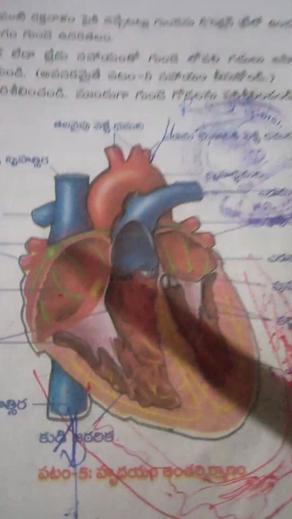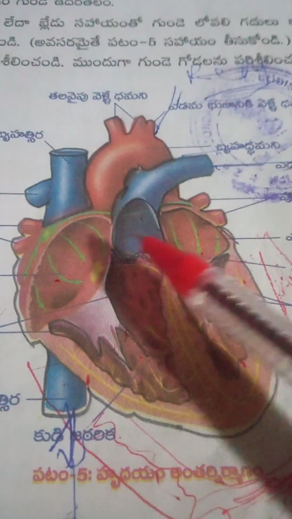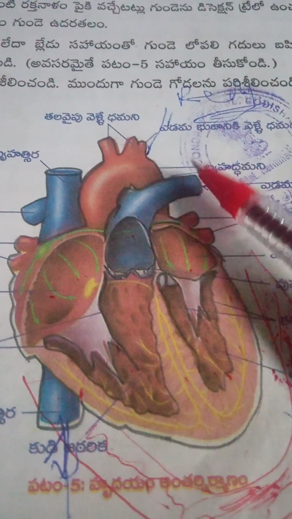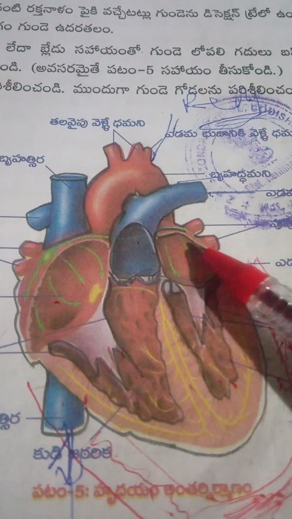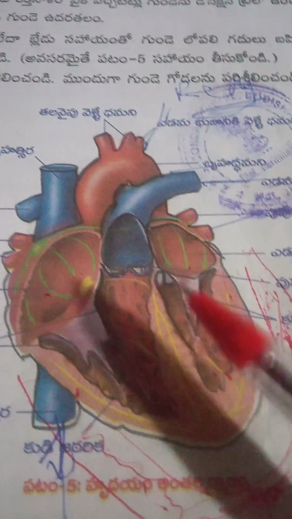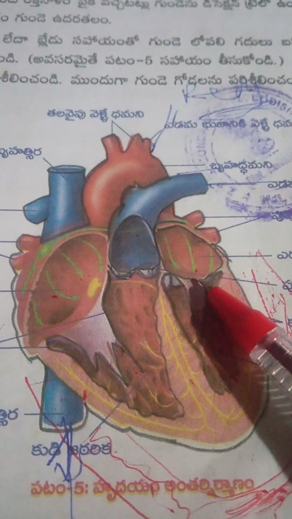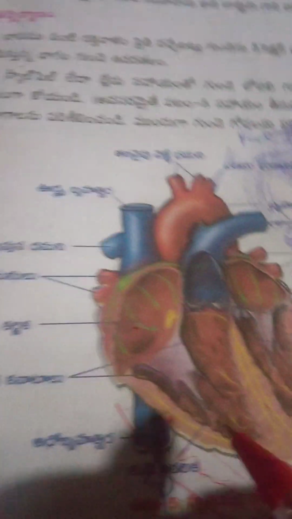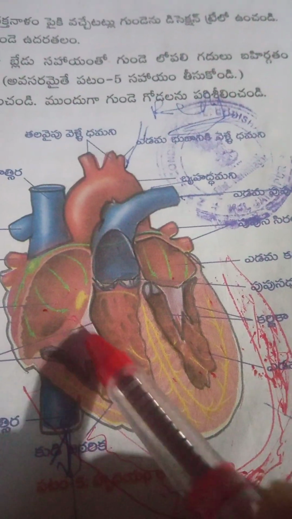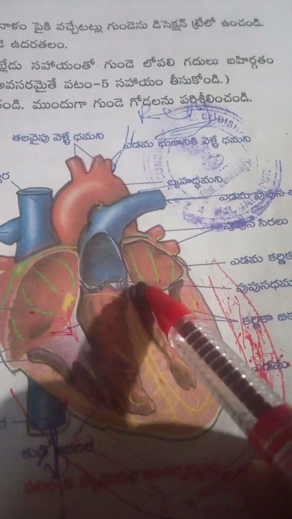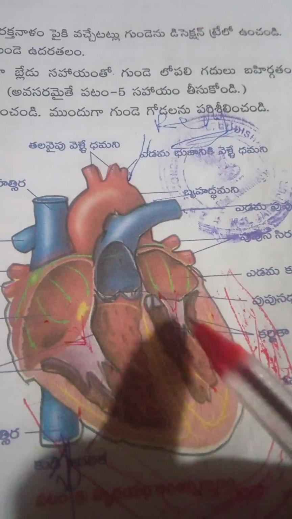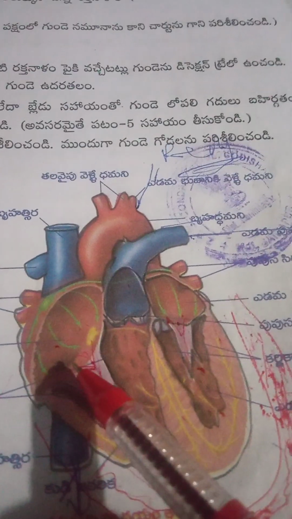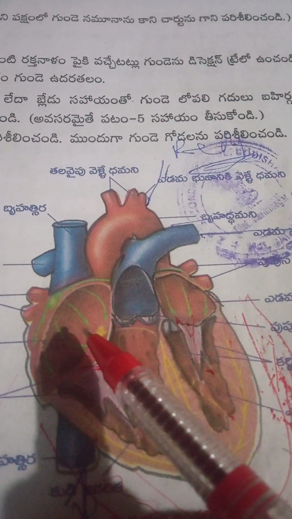If you observe what we discussed now, the arteries and veins are present in the heart. The auricles and ventricles are separated by muscular partitions called septa, and there is an opening on the septa in between the auricles and ventricles.